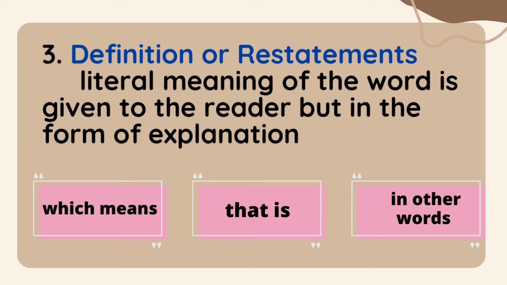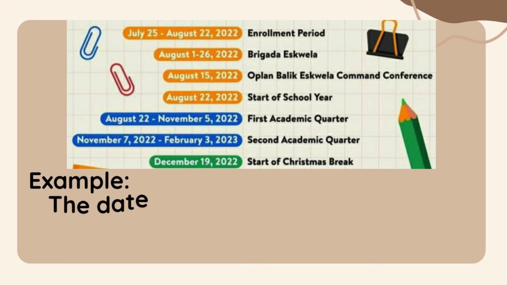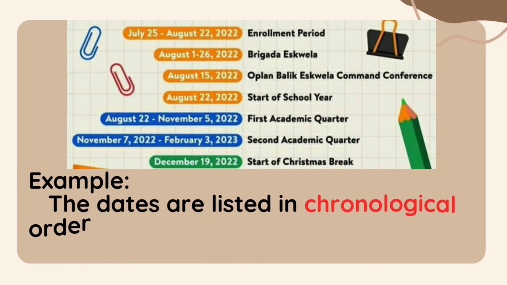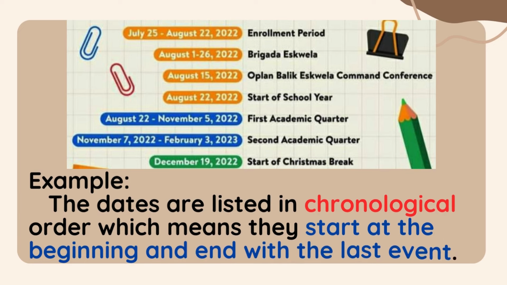These can include phrases like "which means," or "that is," or "in other words." Example, the dates are listed in chronological order, which means they start at the beginning and end with the last event. In this example, the definition of the word chronological is given, which is to start at the beginning and end with the last event.